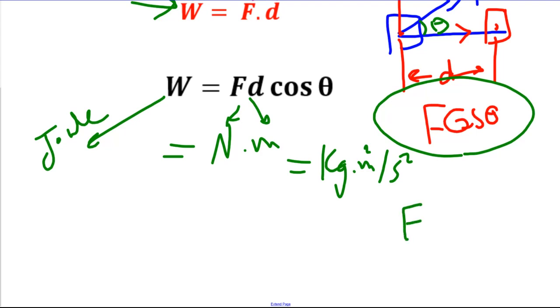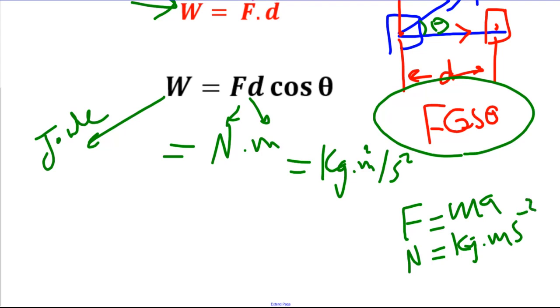Remember that F equals m a, so newton is equivalent to kilogram meter second power negative 2, and if you substitute for newton here, you have this kilogram meter second power negative 2.